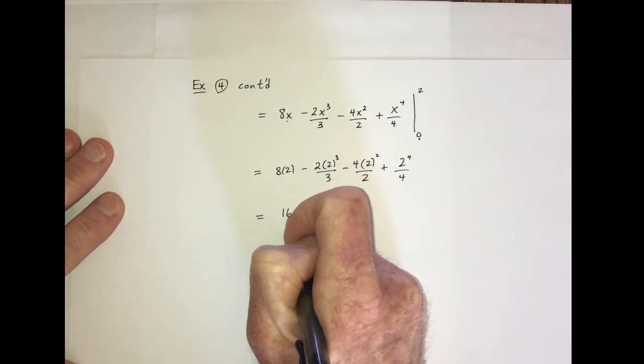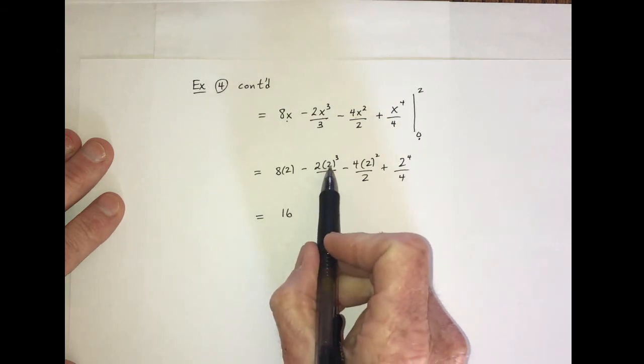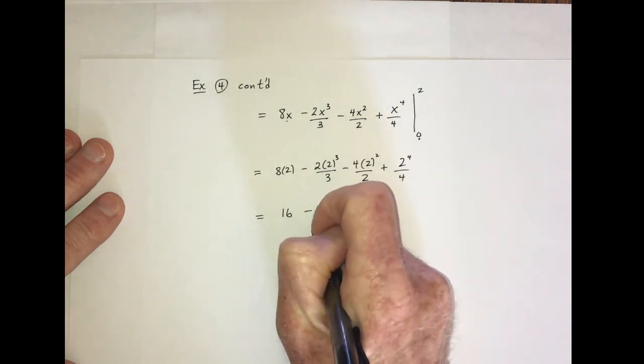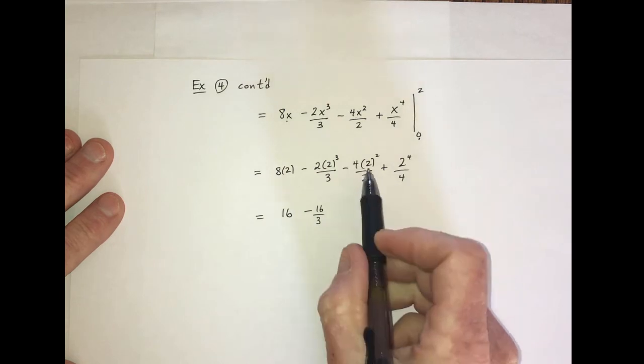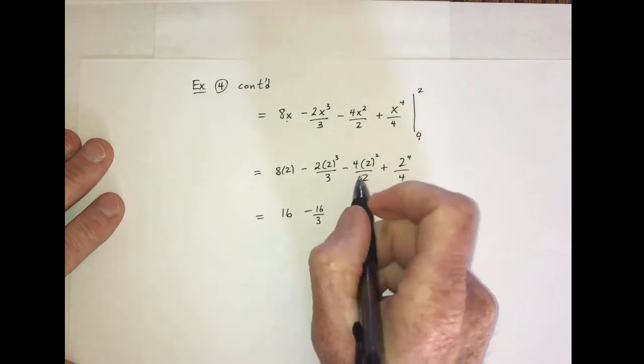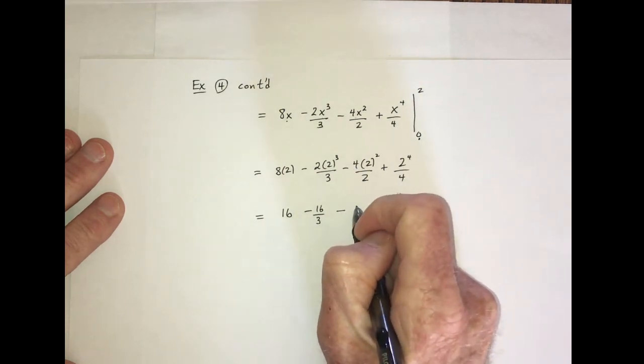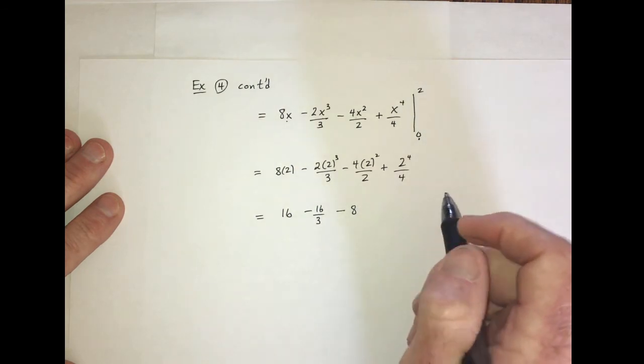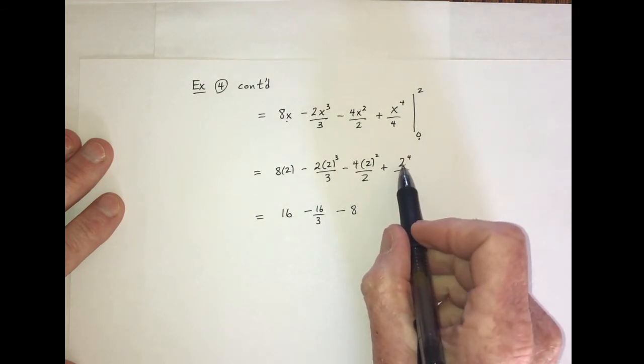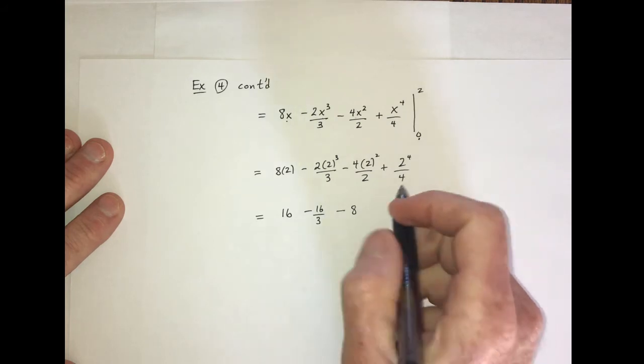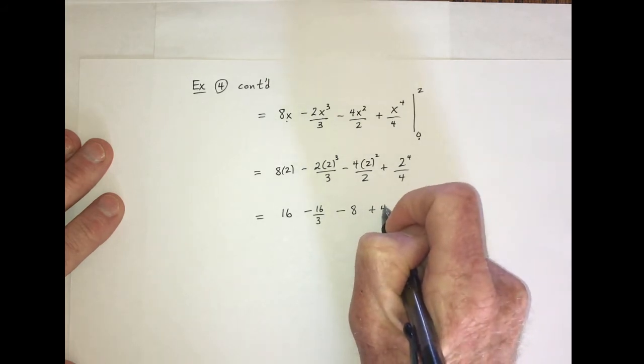So that's going to be 16. That would be 8, makes it 16 thirds. This would be 4, that's 4 times 4, so that's negative 16 halves, or 8. And then this is going to be 16 divided by 4 is 4.